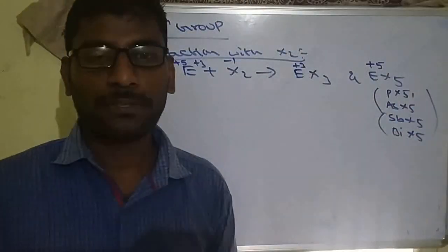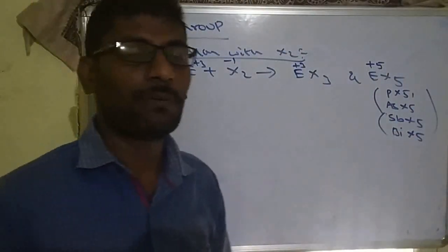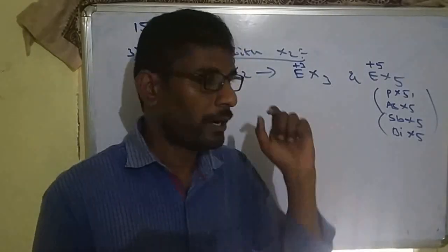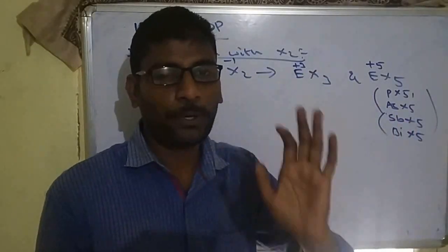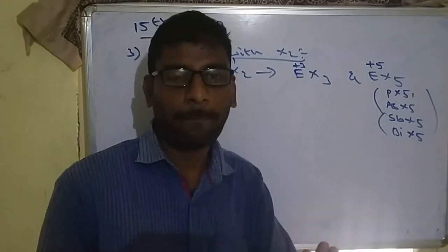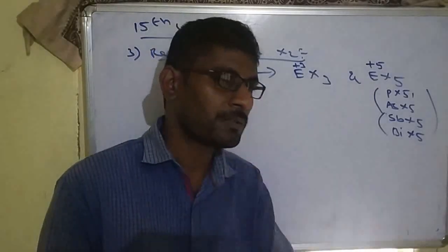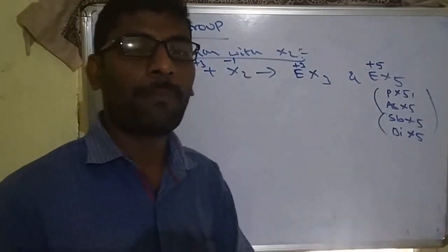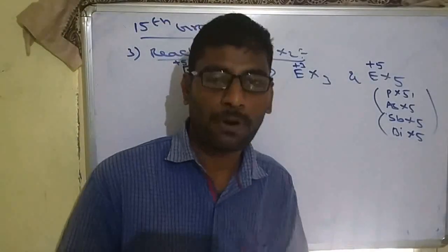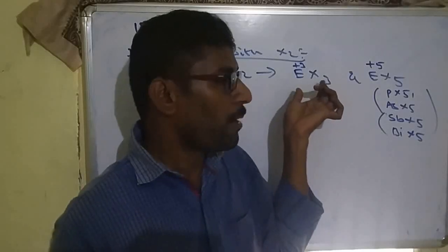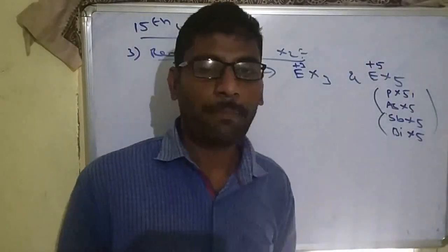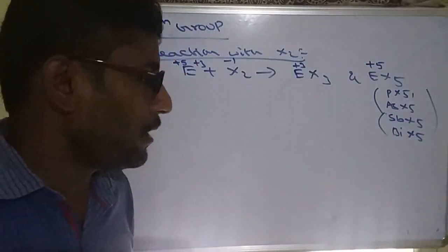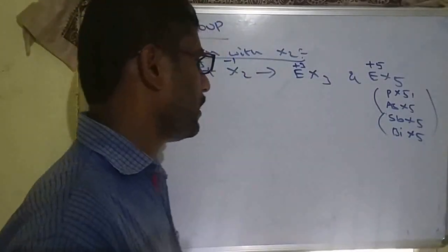But nitrogen pentahalide is not possible. Why? Because I already told you nitrogen is the first element. The first element of every group will form a maximum of 4 bonds because its covalency will be 4. So that's why nitrogen does not form a 5th bond. It can only form 4 bonds. That's why nitrogen can form trihalide but does not form pentahalides. This is most important: due to the absence of d orbitals.